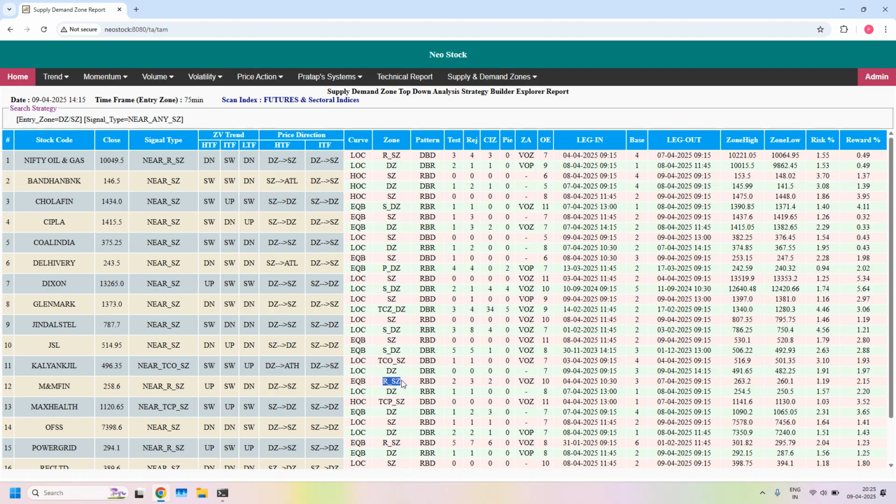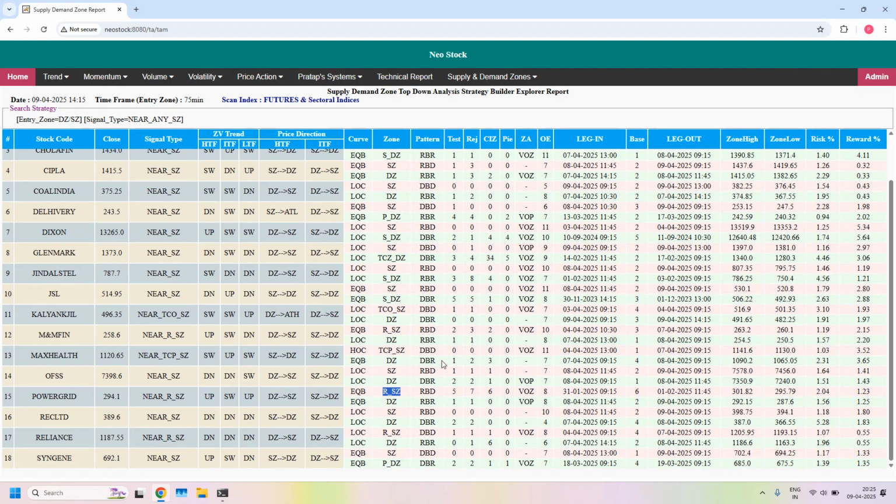Okay. M&M Finance is having a 75 minutes high liquidity supply zone. Max Health is having a 75 minutes high liquidity supply zone. Power Grid is having a 75 minutes high liquidity supply zone.